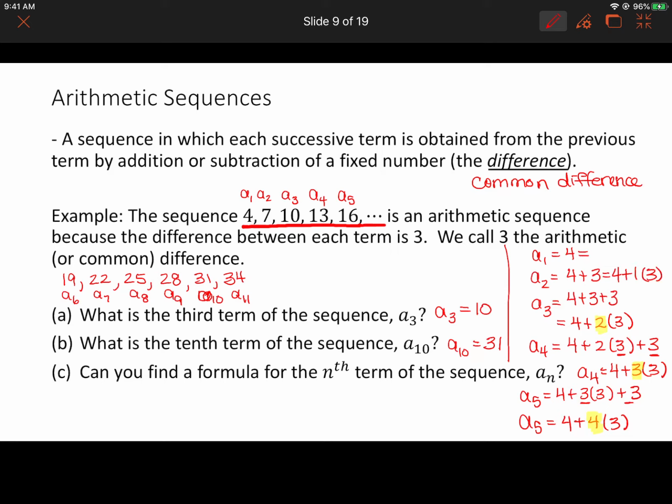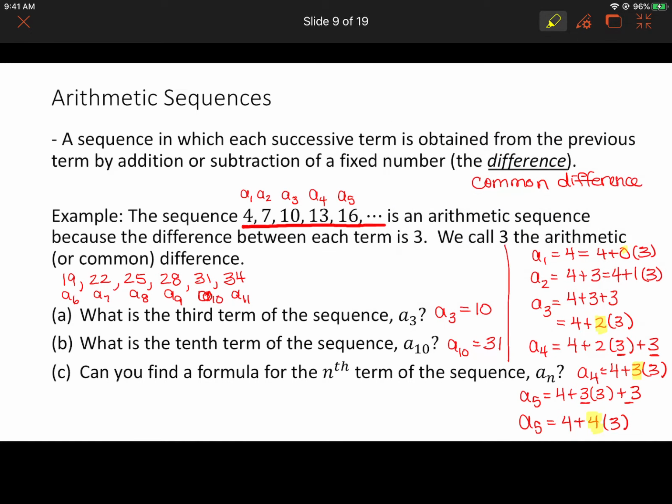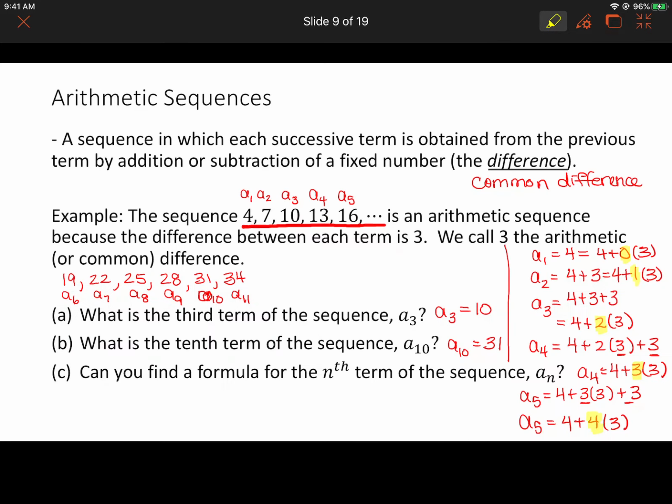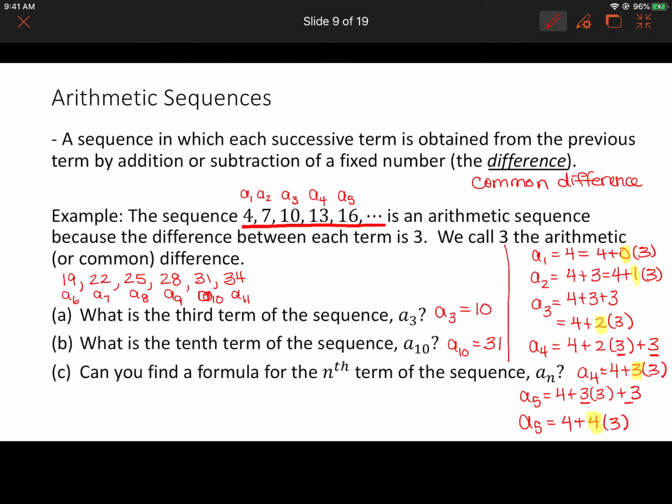And 4 is the same as 4 plus 0 times 3. And so, whoops, the only thing that's changing here is this highlighted number that I'm multiplying by 3.